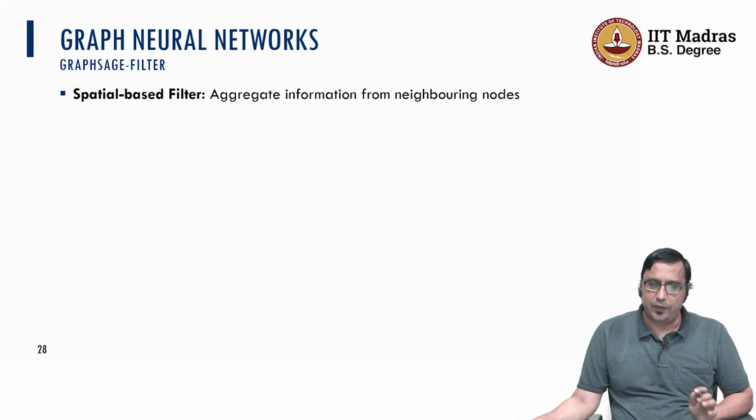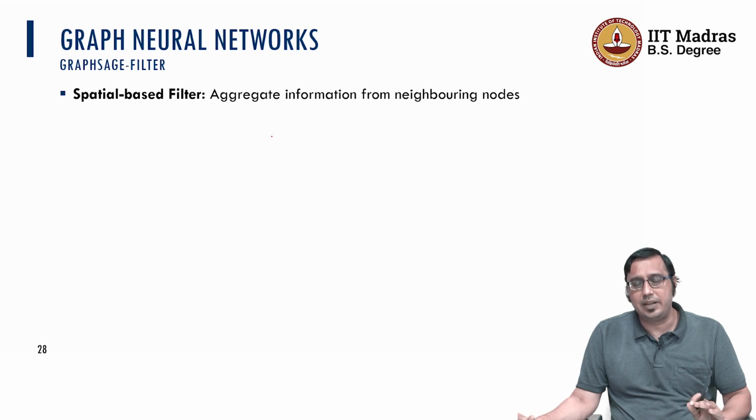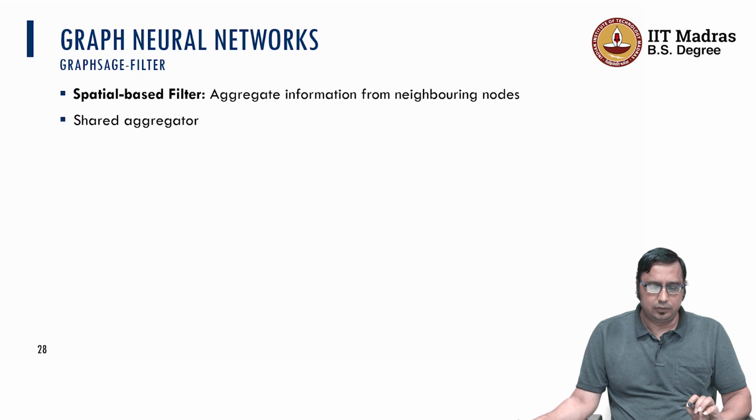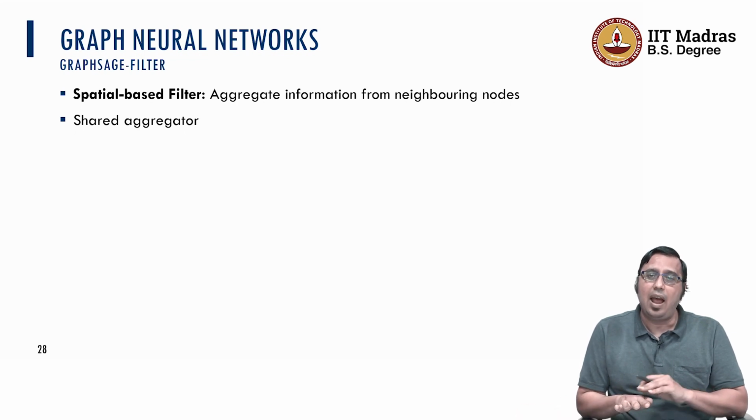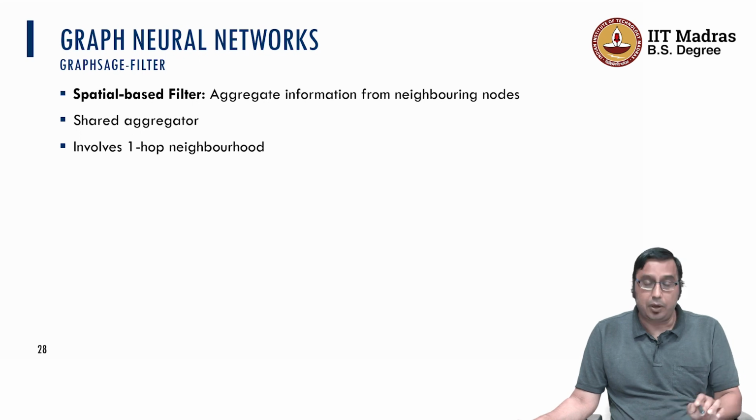In a spatial based filter like the GNN we saw earlier, we are going to aggregate information from neighboring nodes. Here, another aspect like the GNN earlier is that it is a shared aggregator. So the aggregator remains the same, and we are going to use each node to train the aggregator. Typically, it also involves a one hop neighborhood.